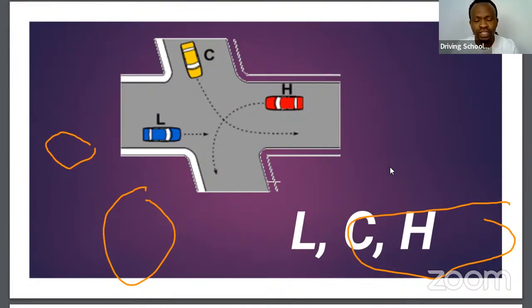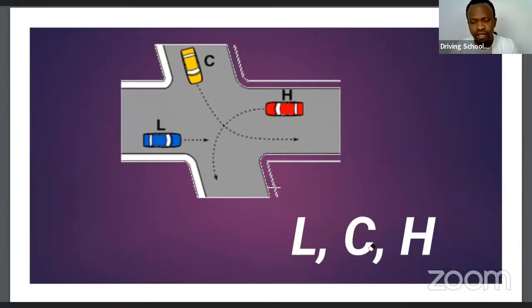And now, what is the question saying? The question is saying that in this kind of intersection, vehicle C will leave, but after vehicle L has left the intersection and before vehicle H leaves the intersection, which is true. Some people get this question wrong because they hear vehicle C first and think they are being told vehicle C is the first to leave.